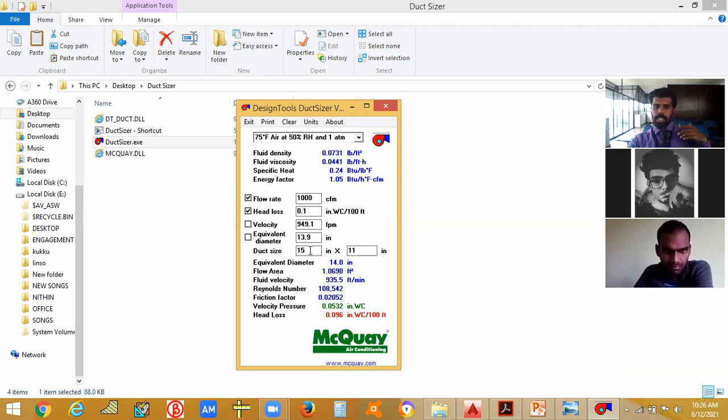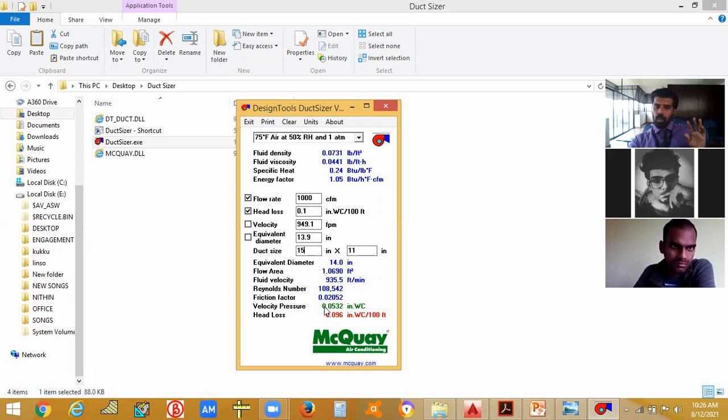If you are using a circular duct, you will be getting the equivalent diameter as 14 inch, and you get all other values also: flow area, friction factor, velocity pressure, head loss. All other properties of air.